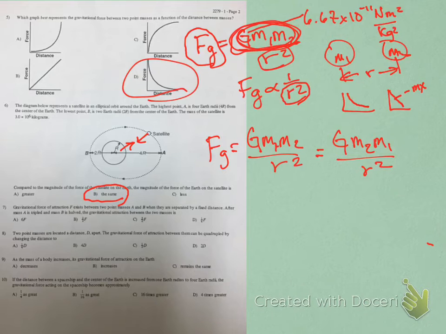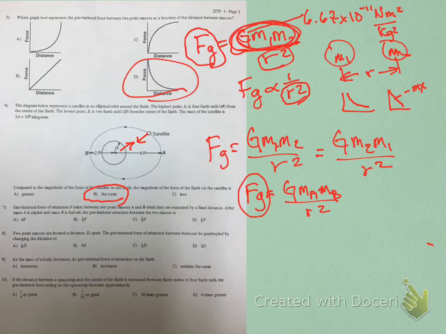All right, next question. Gravitational force of attraction F exists between 2 point masses A and B when they're separated by a fixed distance. So basically you have Fg equals big G, mass of A, mass of B, divided by some distance squared. And it gives you a force, Fg, whatever that number is. Here's one of those what if questions.